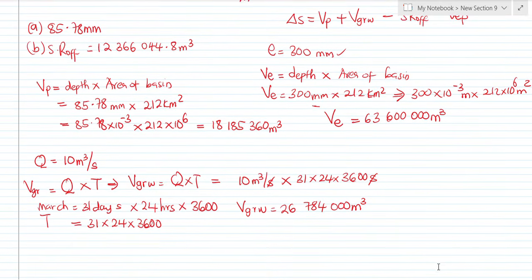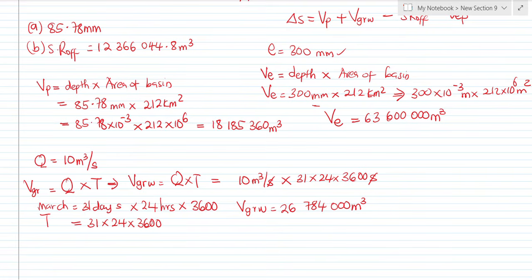Now with these parameters, everything in place, we can put it in the water balance equation and find our answer. The water balance equation that we initially developed: the change in storage volume will be equal to volume of precipitation plus volume of groundwater, minus surface runoff, minus volume of evaporation, right? So let's see.